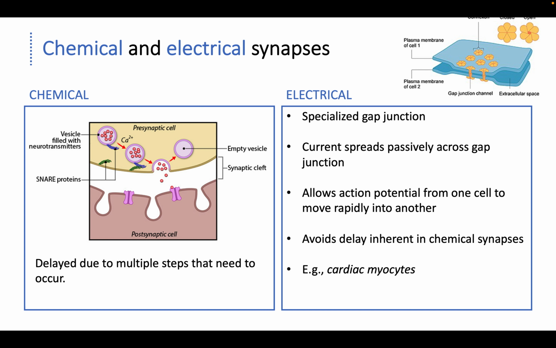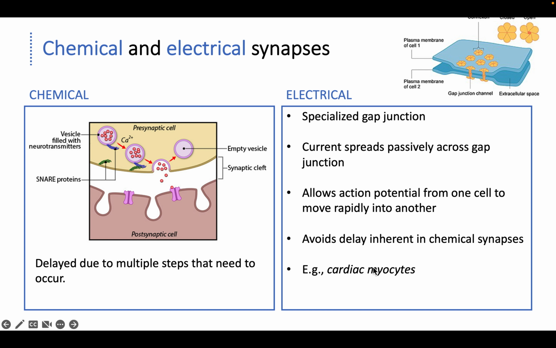And so a gap junction, you should recall this from chapter 2, is a transmembrane protein made up of smaller individual units that can open and close, and when they open, they allow sodium and whatnot to flow from one cell to the next very, very rapidly, right? So this allows for a very rapid movement of ions, and so it allows a rapid conduction of the action potential, all right? So you avoid the delays that you have with chemical synapses because you have to have release of neurotransmitter and you have to have binding and opening and the movement, so it's much slower with chemical, all right?